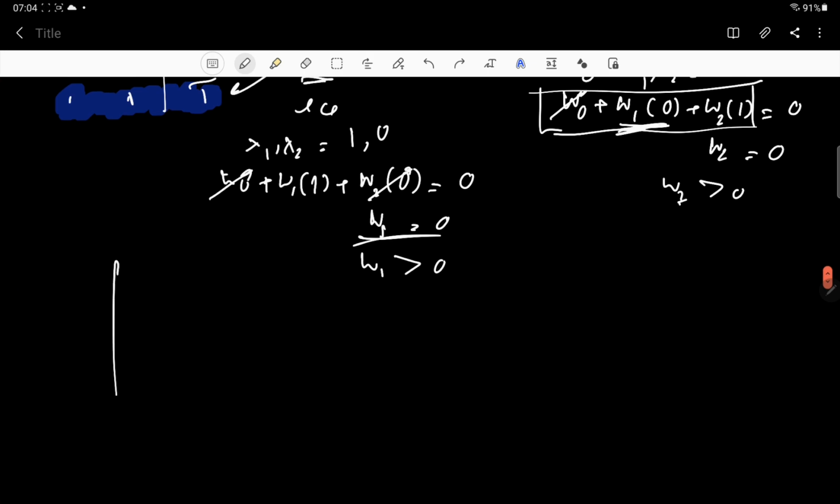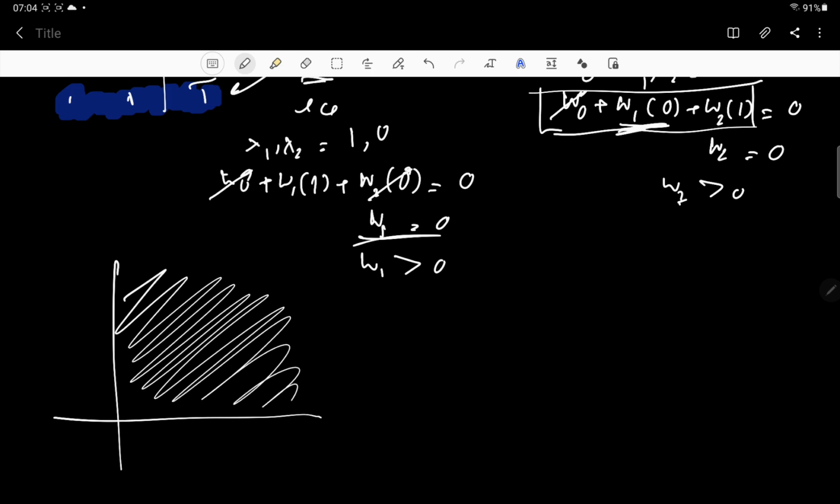So I will rewrite it again. So every point here of the space W1 and W2 can be used to classify E2, E3, and E4, right? You can pick up just one point, any point here, like this one maybe like 10, 1.